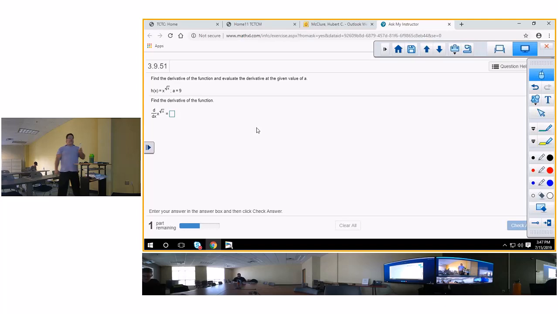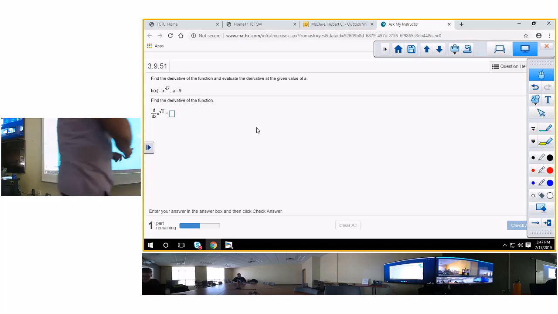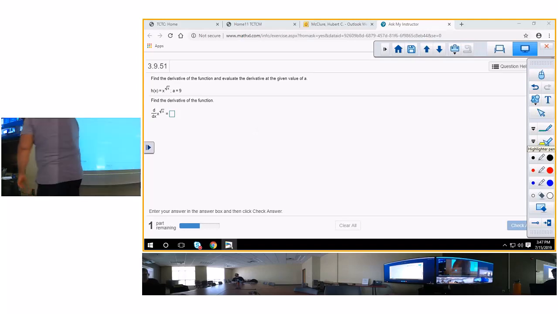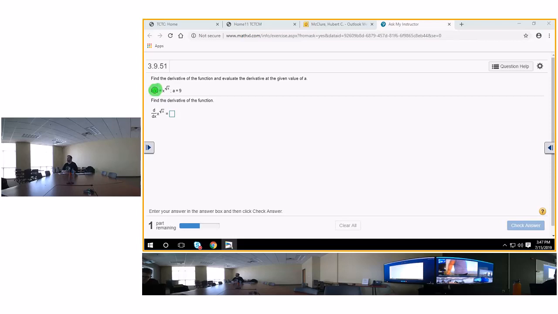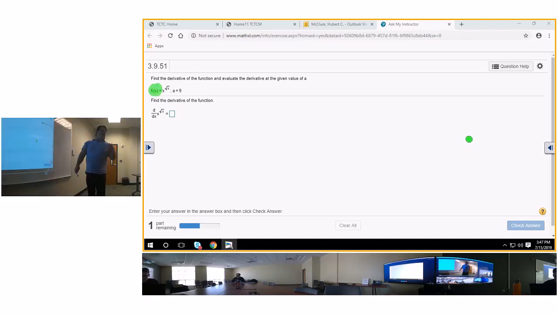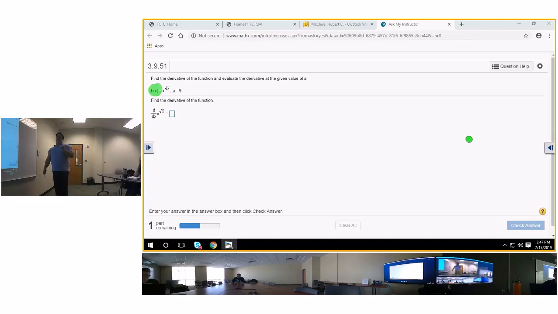In this case, what's the clue that says you might want to do the natural log of both sides? They write it in terms of a what? A function. When they start the problem with a function, they might want you to take the log of both sides. And you have an exponent. That's another clue.